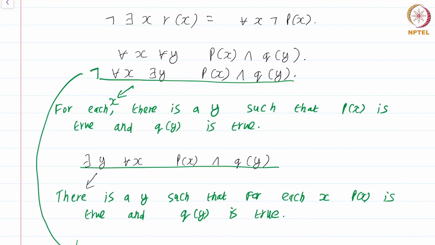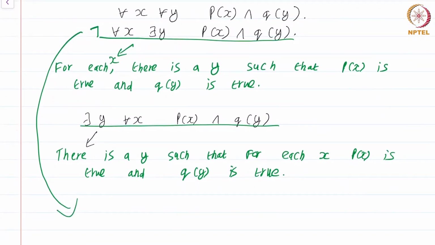How can that be false? Well, remember how to negate. You change this universal quantifier into an existential quantifier. So you write there exists x and push the negation inside. This is what you do.